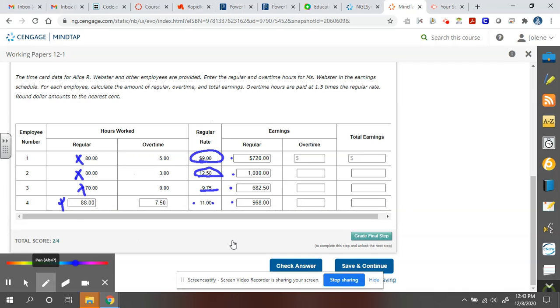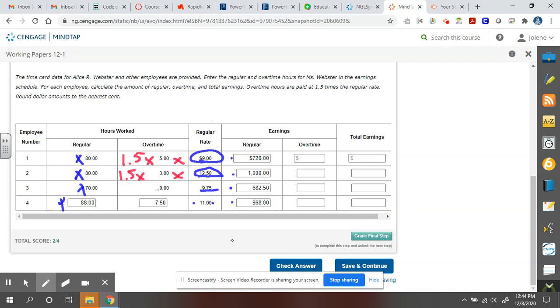Now, here's what happens next with overtime. Overtime, they get 1.5 times the hours times the rate.